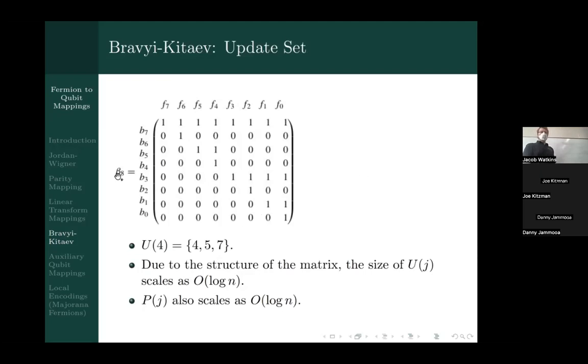We can see that the update set for fermion 4 has qubits 7, 5, and 4. Because of the binary tree structure, the size of the update set scales as log n instead of n. And for the same reasons, the parity set also scales as log n.